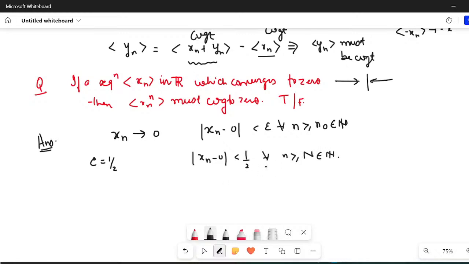Now, I know that |xn| raised to power n is greater than or equal to 0, since it is a modulus. Now, I apply the Sandwich theorem. If you are not aware of the Sandwich theorem, I'll teach you someday, but I think from standard 12th you may be slightly aware of this theorem.